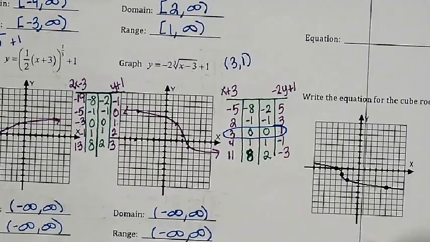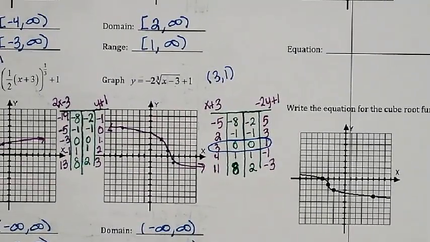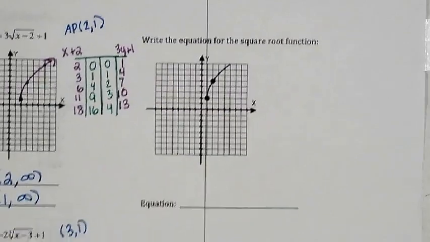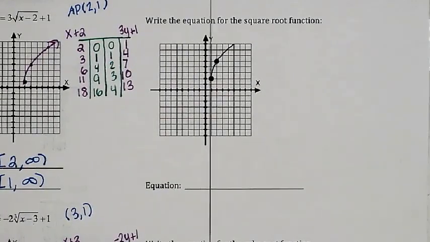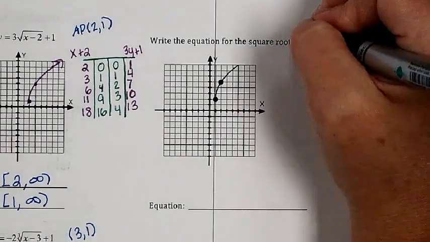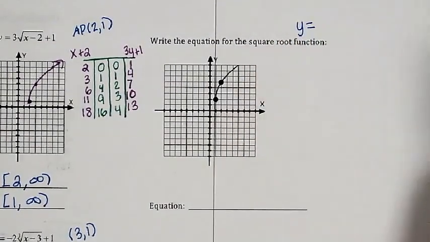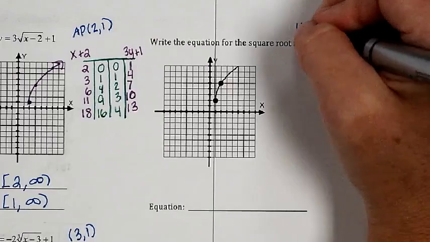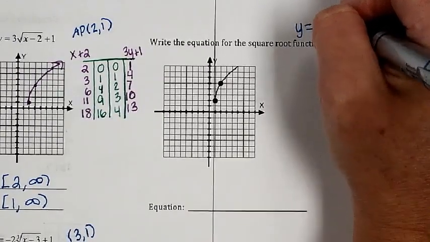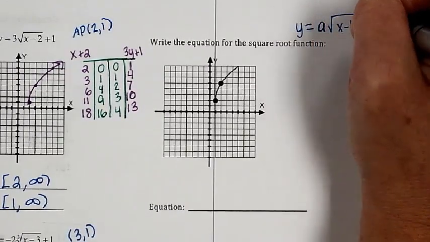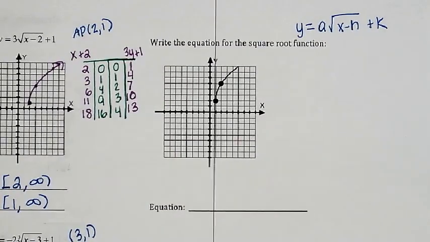Alright, writing the equation for the square root function. So your equation is going to look like y is equal to a square root of x minus h plus k. Same exact way that we've done every single other time that we have written equations from the graphs, just a different parent function.